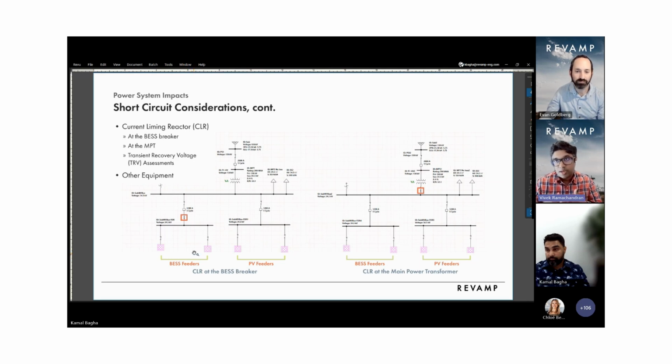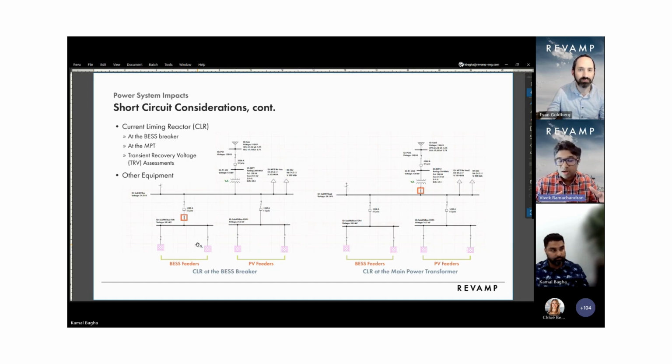And a second scenario where, yes, the BESS is exceeding, but now, due to the BESS injection, the PV phase fault currents are also tipping over their tolerable limits. So in these cases, we would need to introduce a current limiting reactor to help limit the amount of fault current that the system sees.